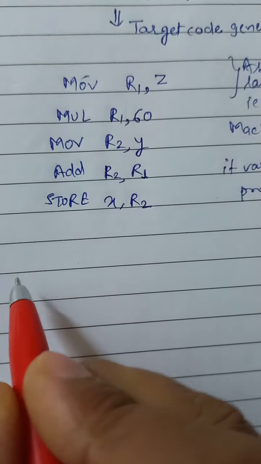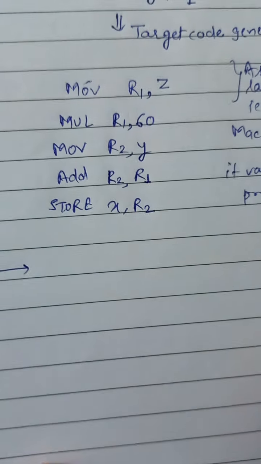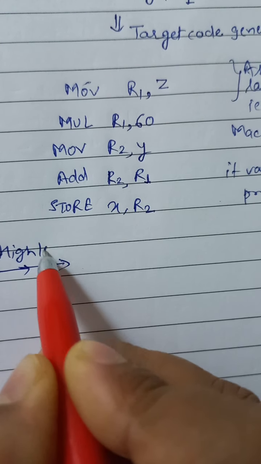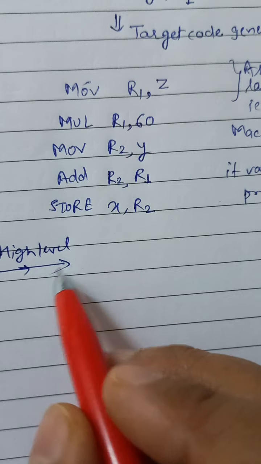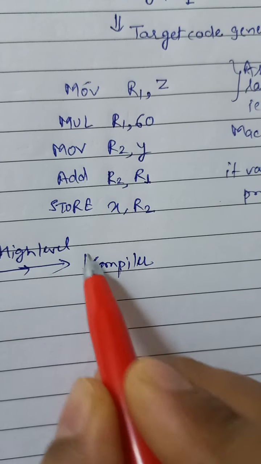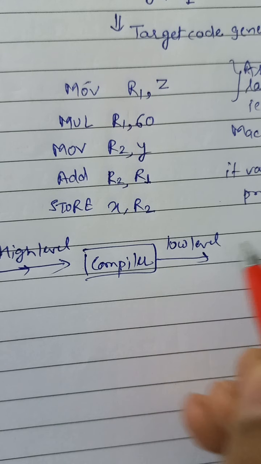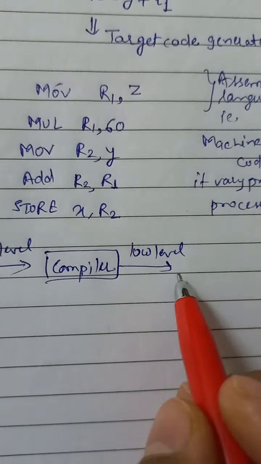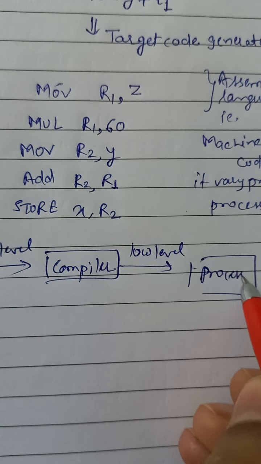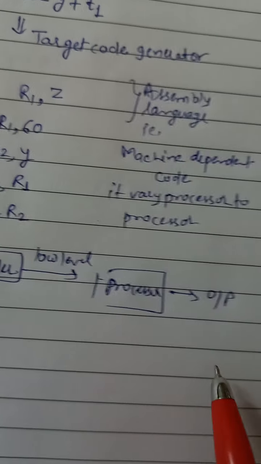What we can say, the conversion happens like this in 2-3 ways. Suppose a high level language is converted by the compiler, then it is converted into low level language for the processor, and then it will give the output.